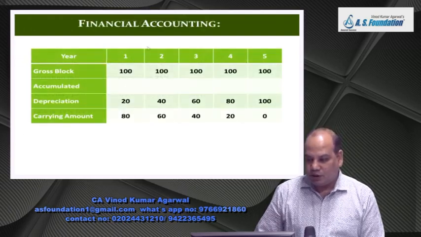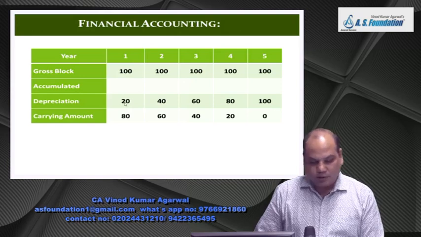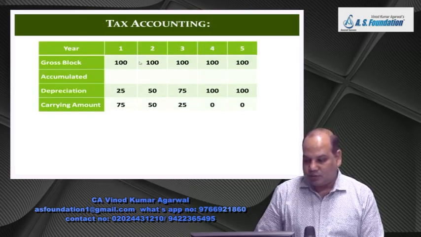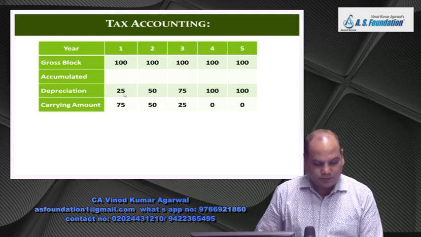So first you compute financial accounting. 100 is the profit in each year. Accumulated depreciation 20 you are providing in each year. So 20, 40, 60, 80, 100. Total carrying amount will be 80, 60, 40, 20, 0. For tax purpose, accumulated depreciation will be 25, 50, 75, 100.